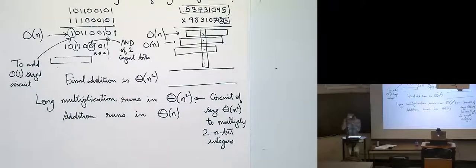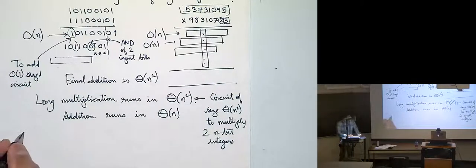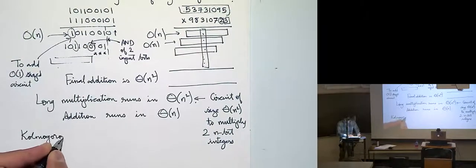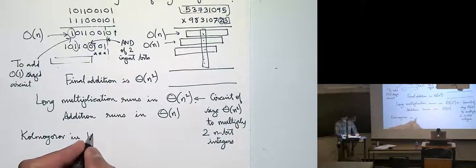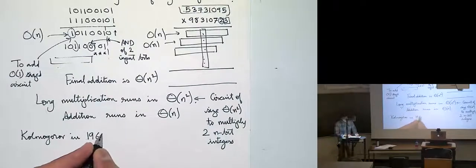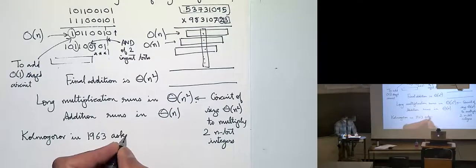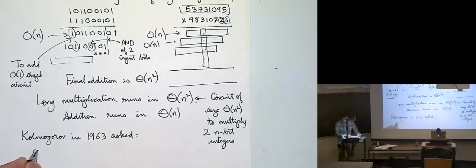So it was in this context that, I don't know if the name sounds familiar, Kolmogorov, one of the preeminent Russian mathematicians, in I think 1963, asked, can we do better?